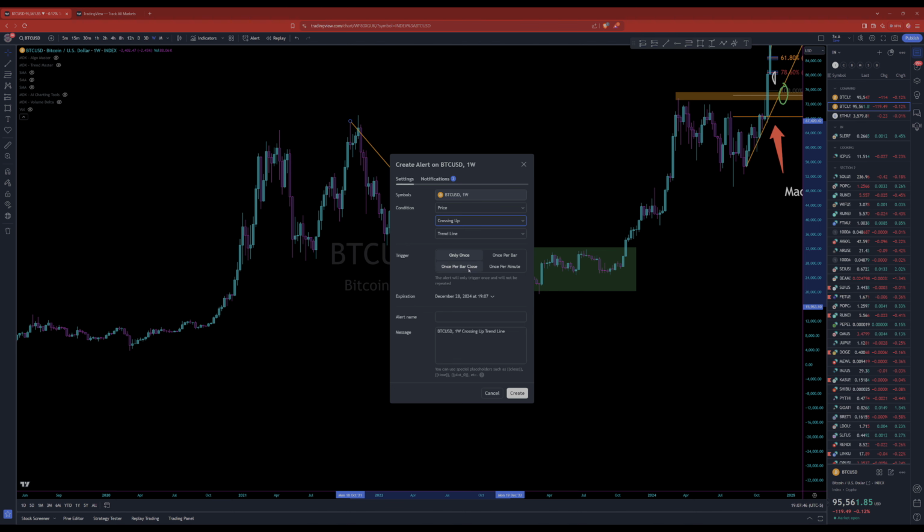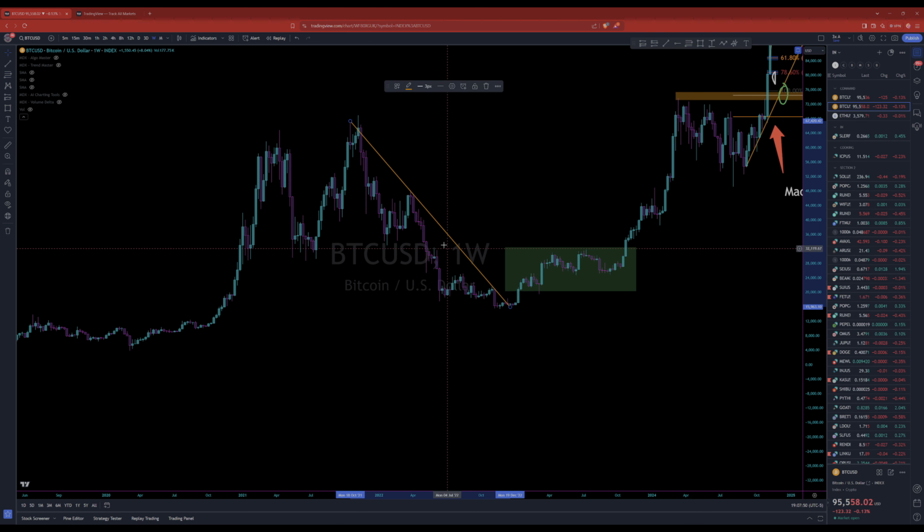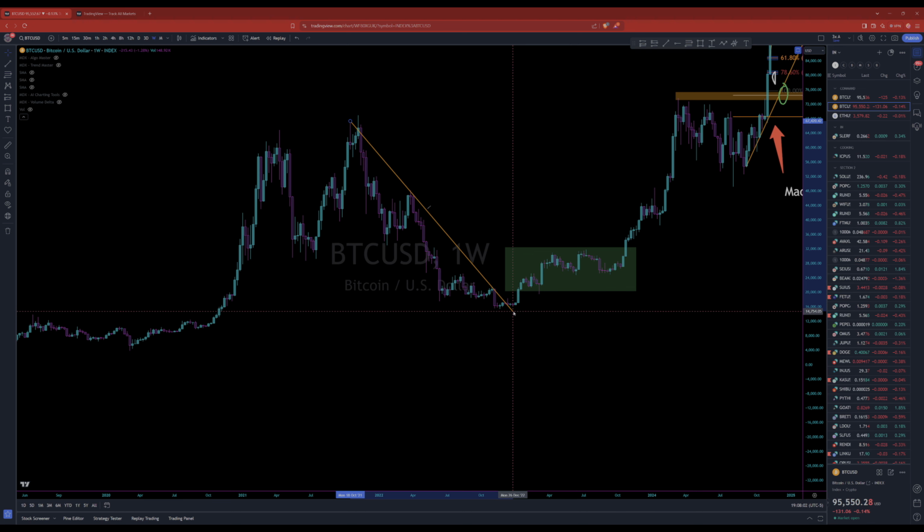Only once, or once per bar close. Depending on the time frame that you're using, that's the alert that's going to be triggered when the candle closes. If I chose candle close on the weekly chart, it's going to notify me once it closes above it or outside of it. Above means outside, on the other side of the trend. So on the weekly, it'll only tell me once the candle closes.